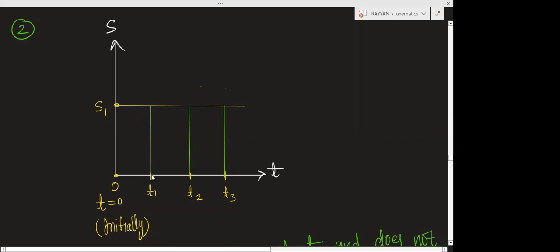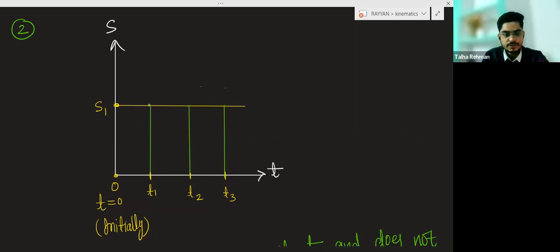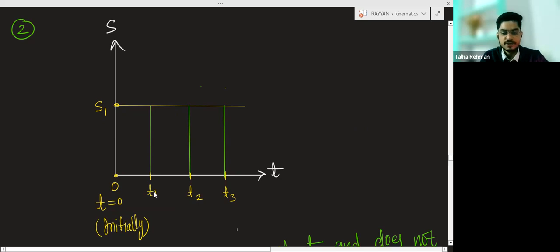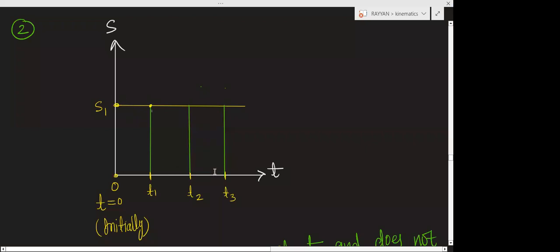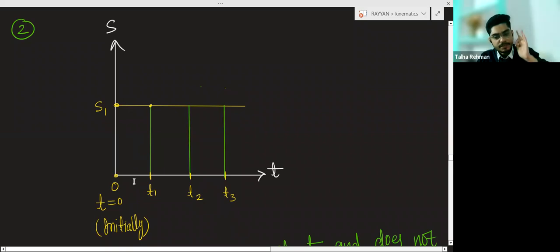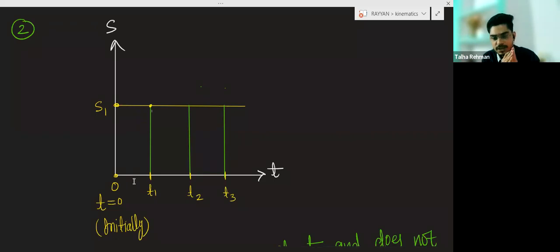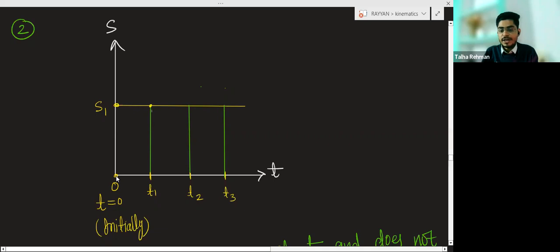Now on increasing time, suppose T1 is 1 second, the displacement corresponding to this T1 is S1. Now the time increases to T2. Corresponding to this T2, what is the displacement? S1 again. Now corresponding to T3, again the displacement is S1. Means time is increasing, but with time, the displacement is constant.